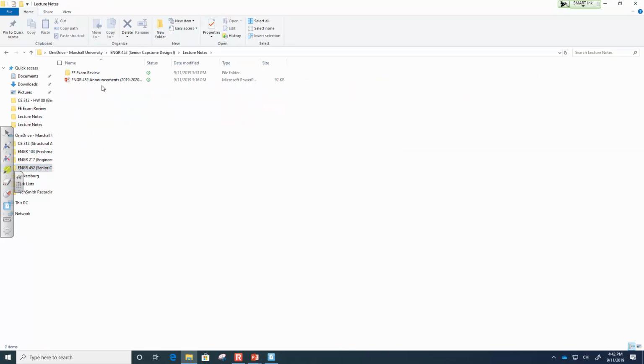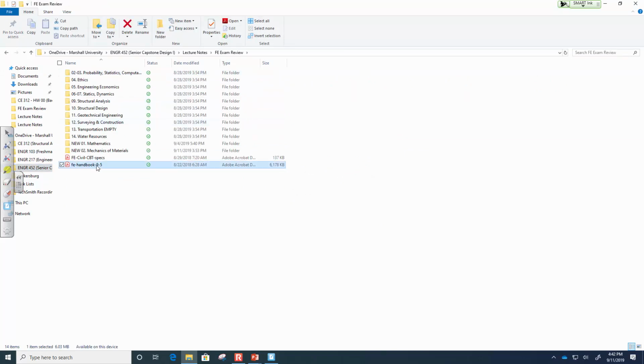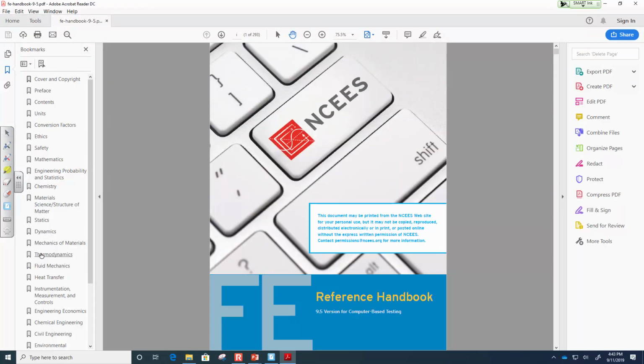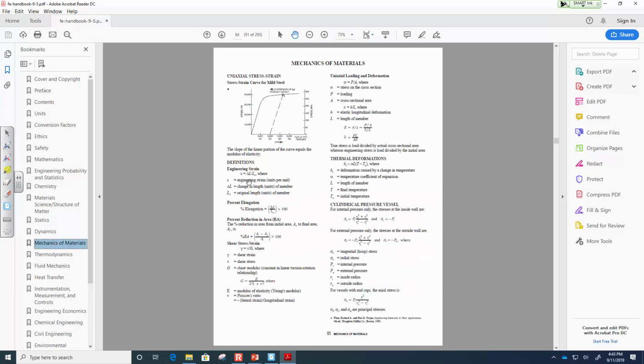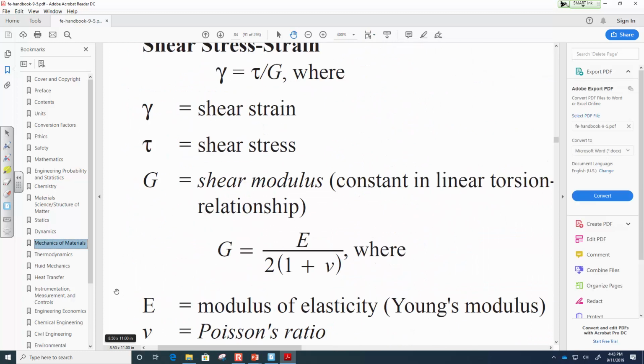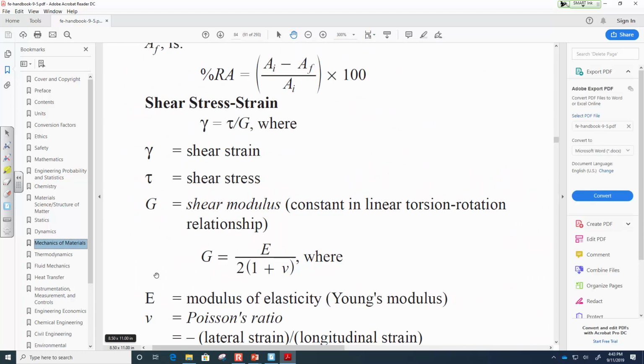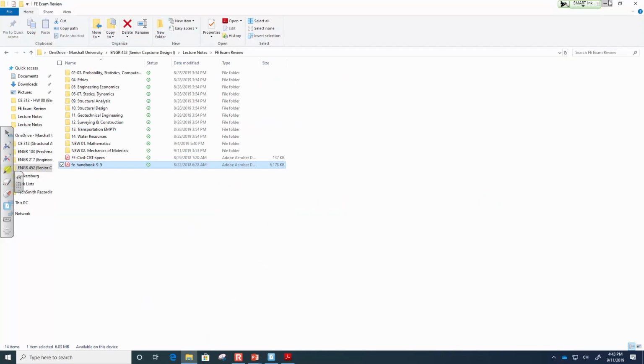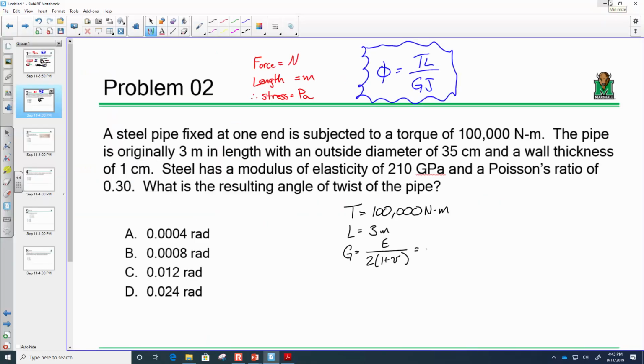So go to mechanics and materials, shear modulus. Bam, right there. So I'm going to say 210 gigapascals over 2 times 1 plus 0.3, and I'm going to get what?